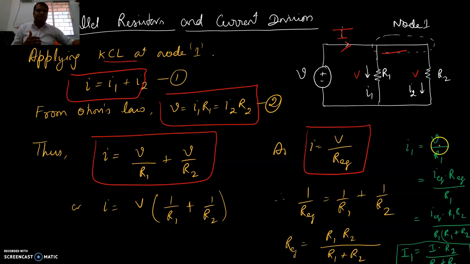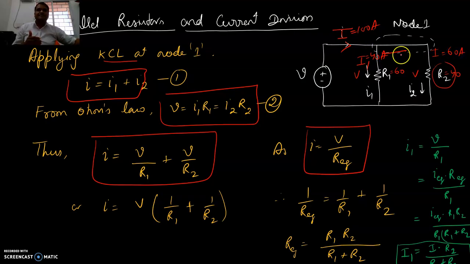Substituting the value of V, what we observe here is that I1 is proportional to the R2 resistance. So if 100 amperes is flowing somewhere, and this is 40 ohms and this is 60 ohms, the current here will be 40 amperes and here the current will be 60 amperes.